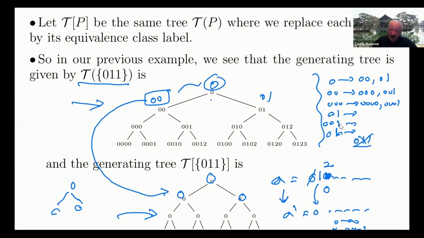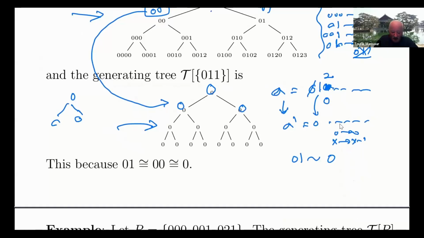Then after you look at this, you say, now I want to make this tree. So after the relation, I get this tree. So here the tree is finite. 0 gives 0, 0. So that means I have only one rule, so the number of rules is finite.